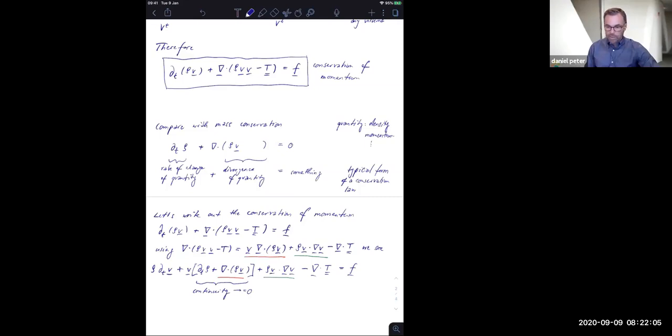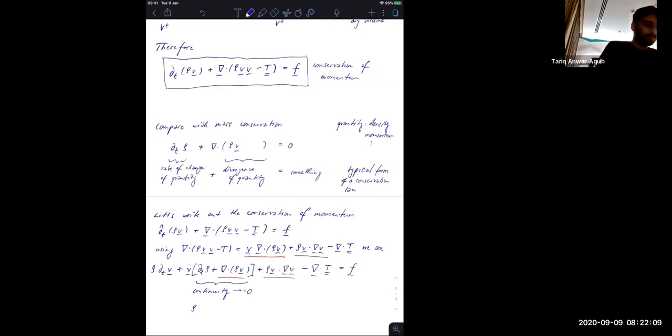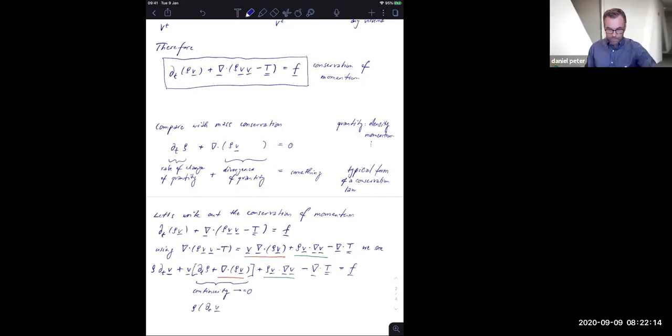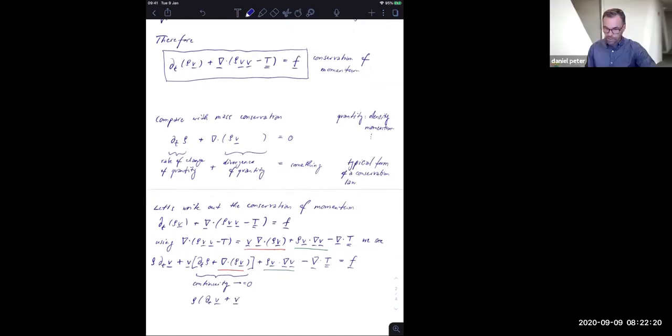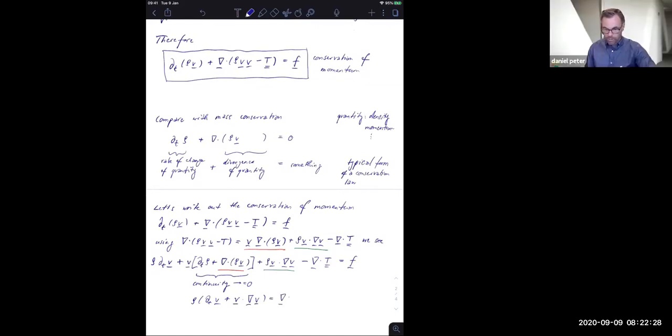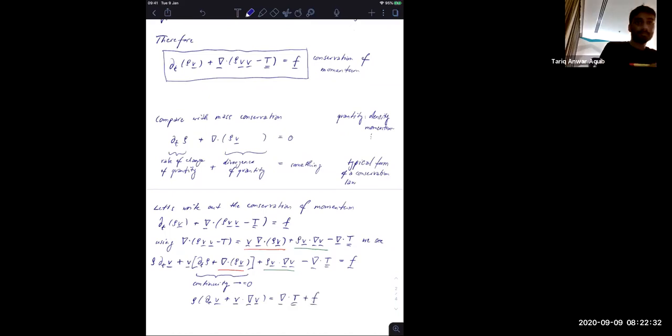So that allows us to simplify the above equation. We have rho times the time derivative of v plus velocity v dotted with the gradient of v, grad v, equal to the divergence of the stress plus the body force F.